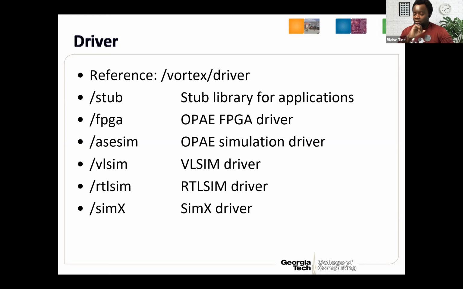Using this interface makes it easier to run a program either in simulation mode, cycle-level simulation mode, RTL simulation mode, or actually FPGA mode. It makes it possible to truly validate the result regardless of the driver implementation that you're using.